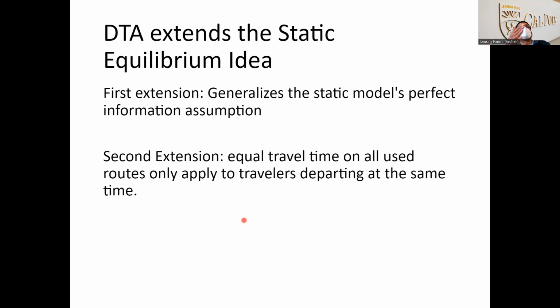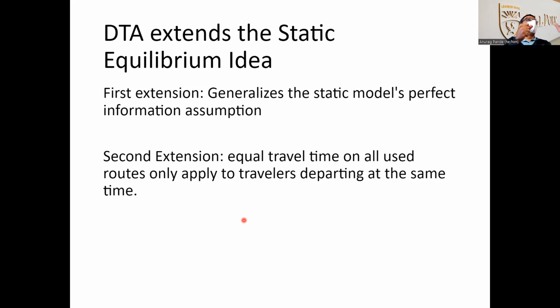And obviously, the work will be more computationally extensive when? Which one would be more computationally expensive if you chose a 1 minute window or a 5 minute window to define same time? Yeah, the 1 minute window, obviously, right? Because now you have to establish those equilibria every 1 minute. So anybody who leaves between 7 and 7:01 from the same OD pair has to have the same travel time.